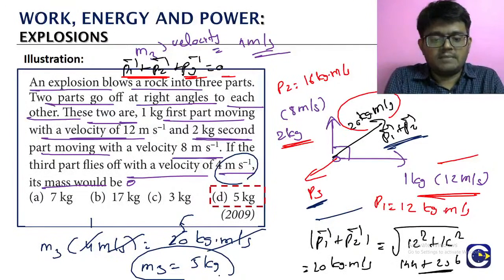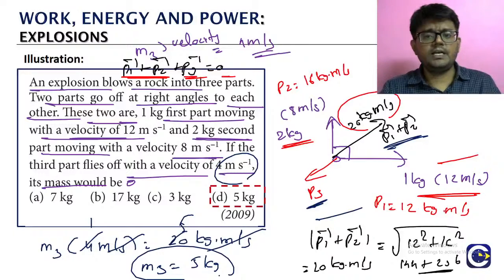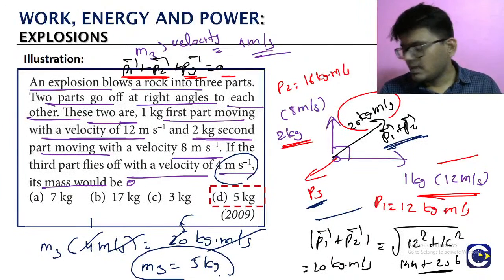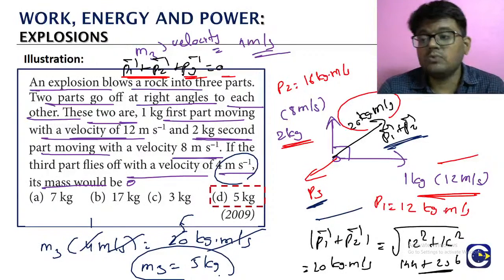Let the mass of the third part be M3. Mass into its given velocity equals the momentum magnitude, which is 20 kg meter per second. From that we get the missing value, M3.